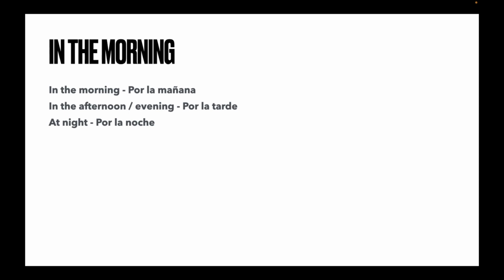For being more specific and saying like in the morning or in the afternoon or at night, we can say por la mañana for in the morning, por la tarde for in the afternoon or in the evening, and then por la noche for at night.